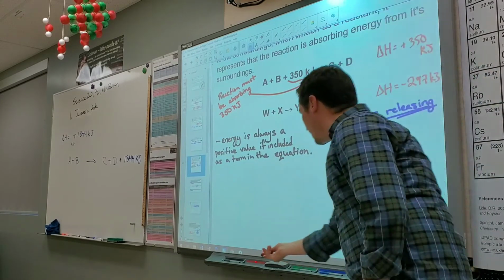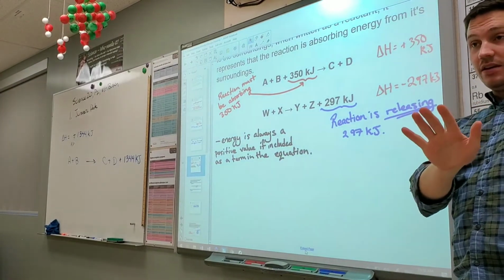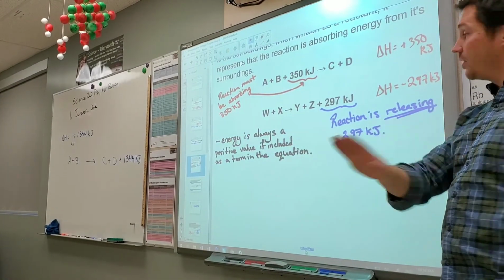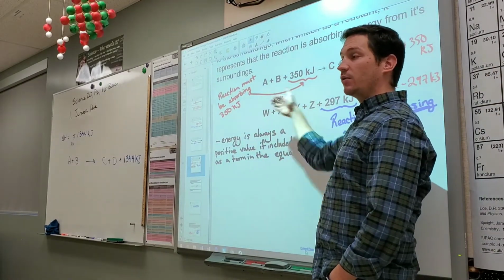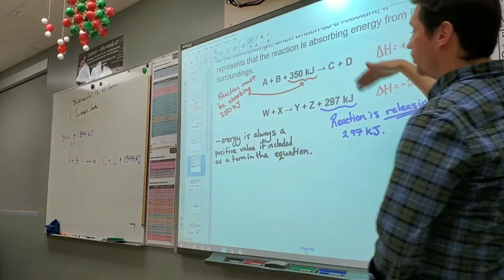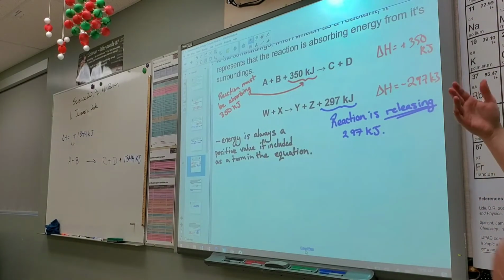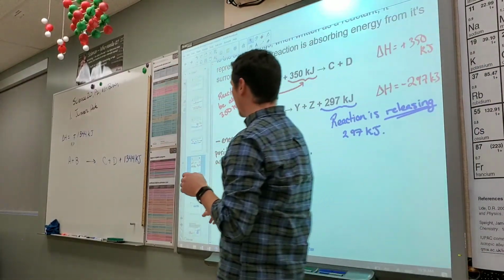Do you see how this and that are literally the exact same thing? It's just that the negative or the positive tells you where inside the equation it should go. That's all it is. So we have three ways of communicating energy changes, and they're all very, very similar.